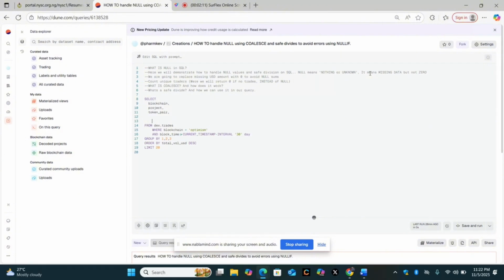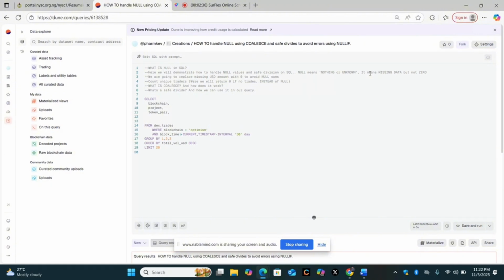We are also going to learn how to replace missing amounts with zero to avoid the null, that is, to avoid the missing data. Instead of seeing null in our result, we will replace that null with zero, because zero is a figure.